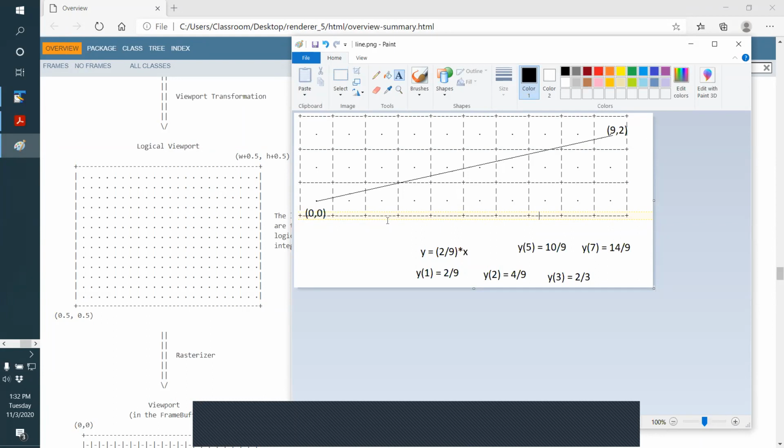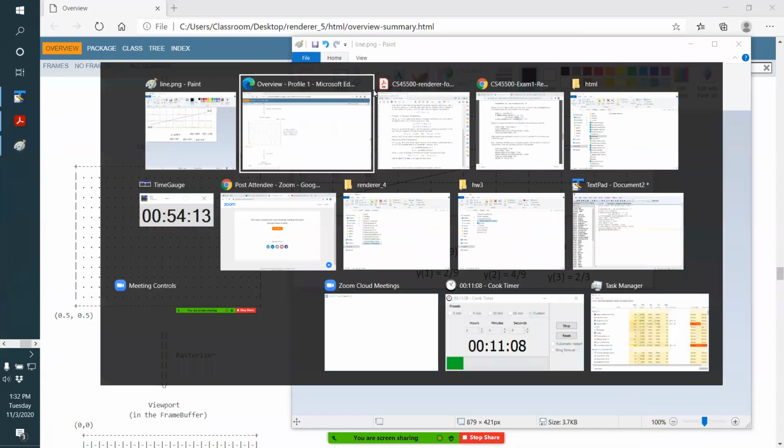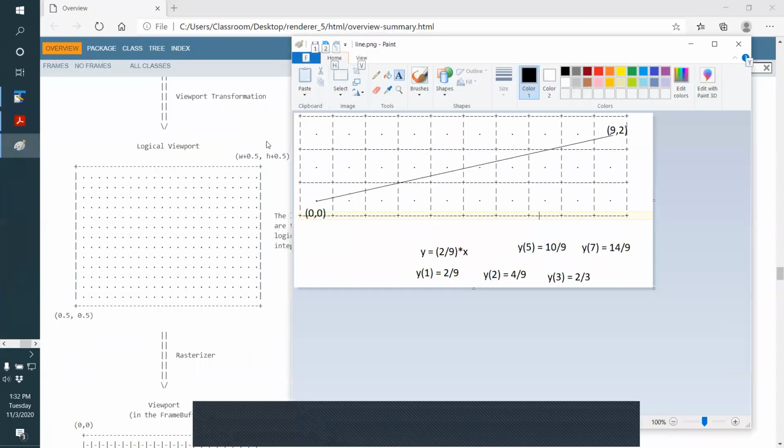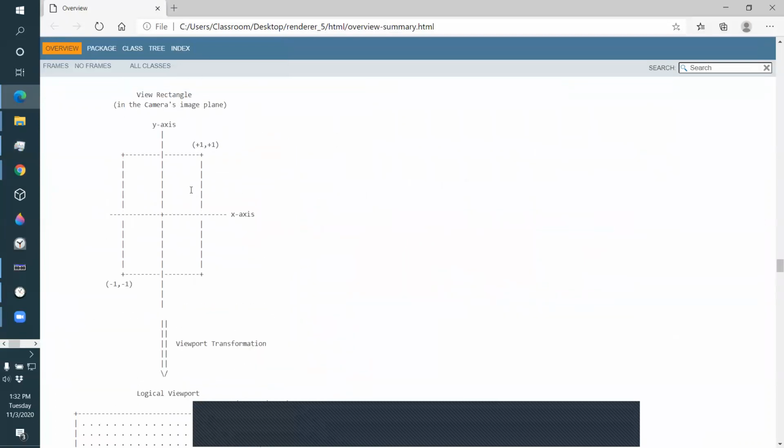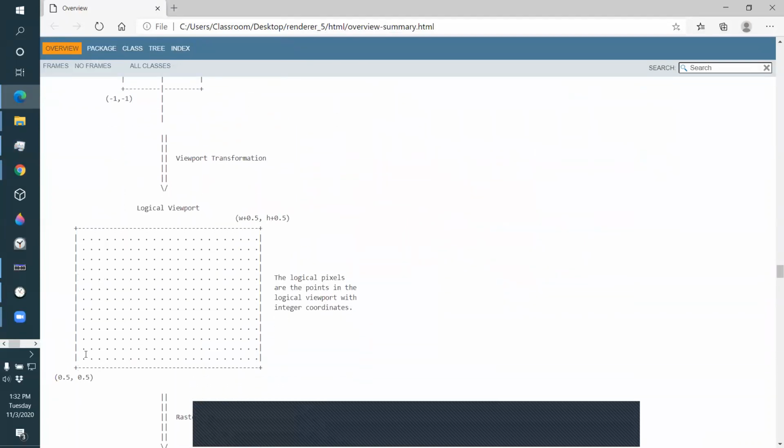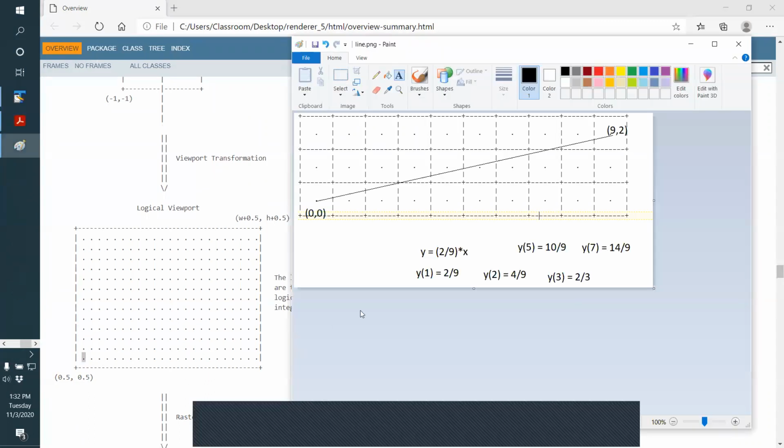Some renderers, when they convert from here to here, may not round to a logical pixel. You don't have to round. But all the code I've looked at in all the textbooks, to make things easier, they round. So when a vertex transforms to somewhere in here, you round it to that logical pixel, the starting point.